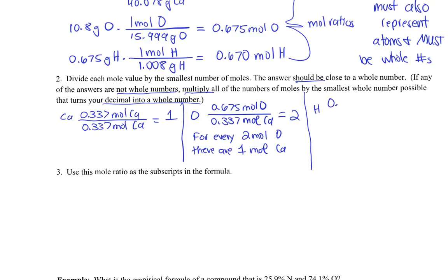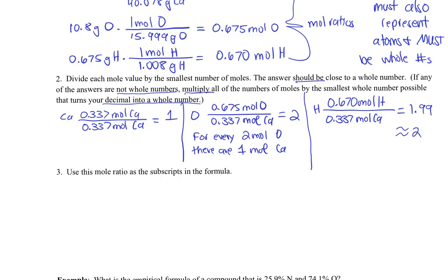So for hydrogen, 0.670 moles of hydrogen for every 0.337 moles of calcium. Here the number I get is 1.99, and this is not exactly 2, but it is close enough to 2.